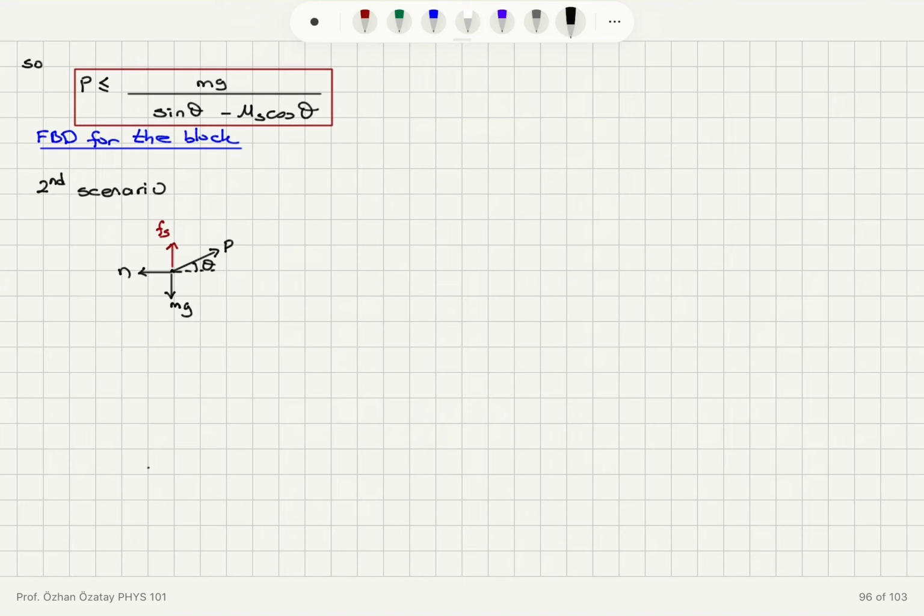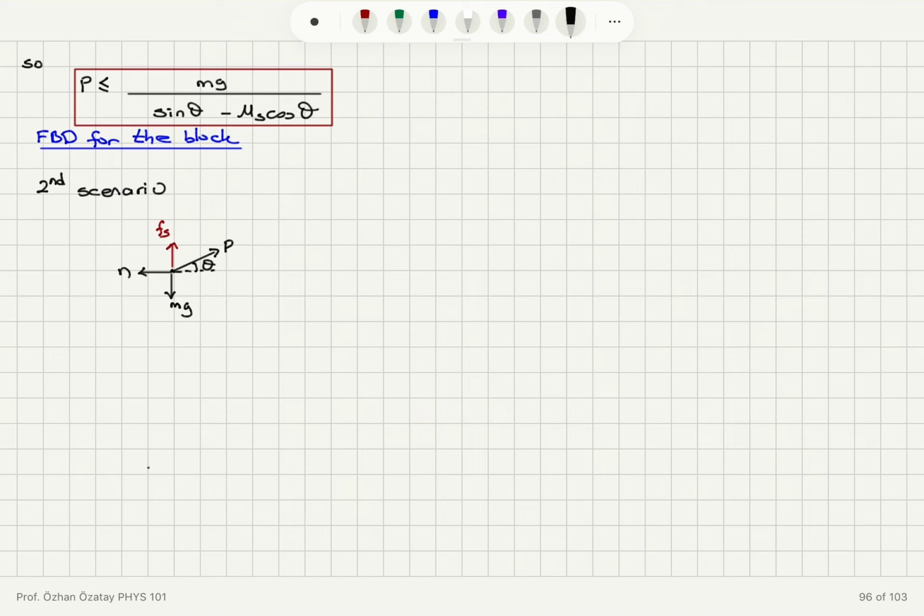Again, this is my y-axis, this is my x-axis. The net force on the x-axis must be equal to 0 because I don't want the block to move, so that tells me P cosine theta minus N is 0, or the normal force is once again P cosine theta.